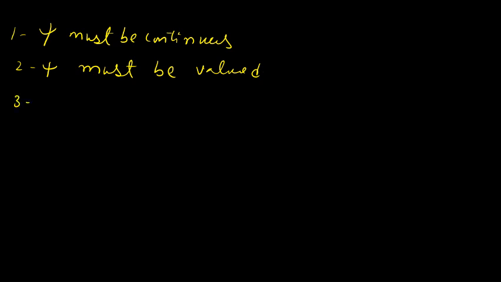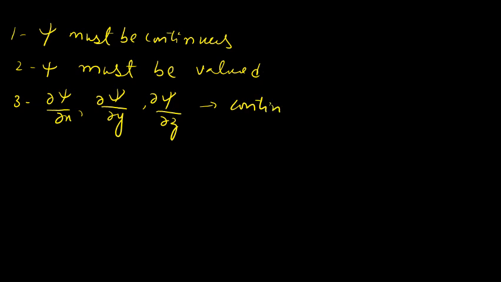And the partial derivatives of psi with respect to x, with respect to y, and with respect to z must also be continuous, and they must be single valued. This condition comes in when we consider the momentum.